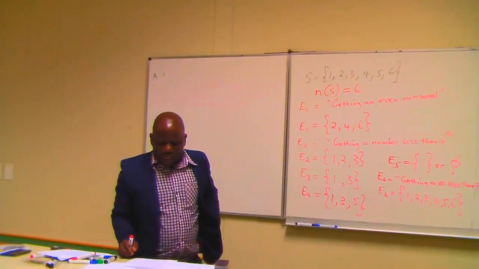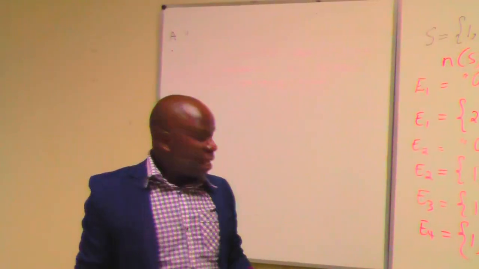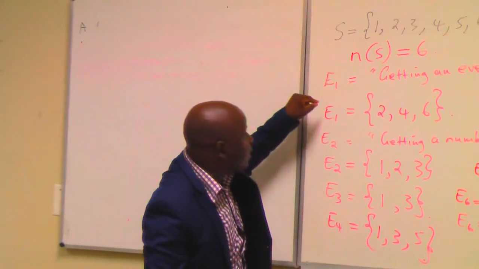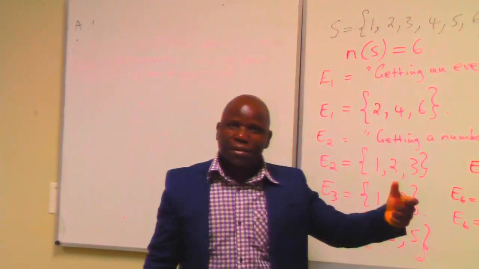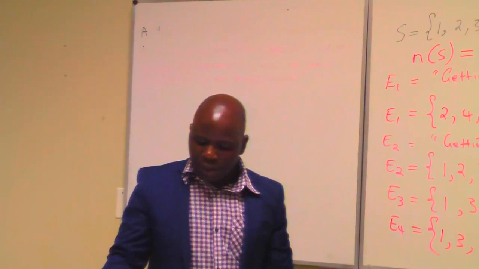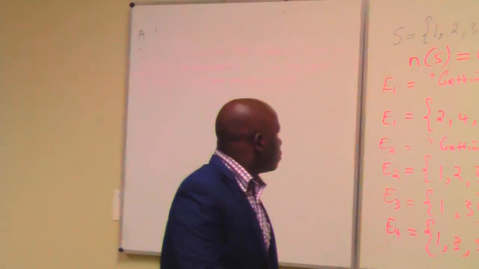Now, this is how we define the events. And I want you to further appreciate the fact that an event is a subset of the sample space. That is very, very important. So what is the probability of getting E1?